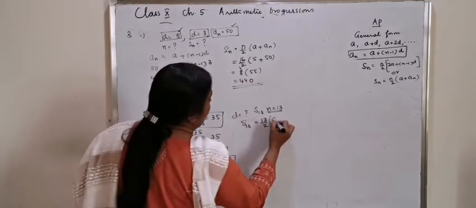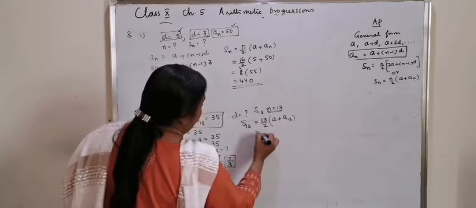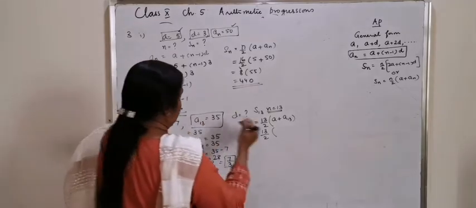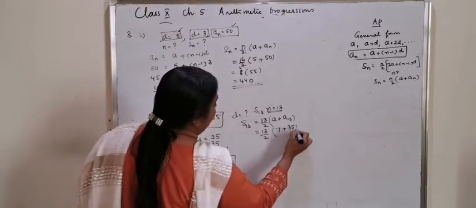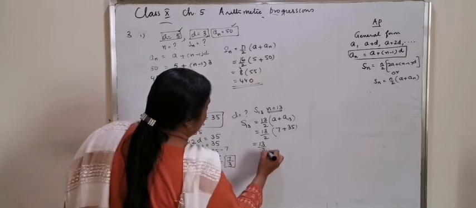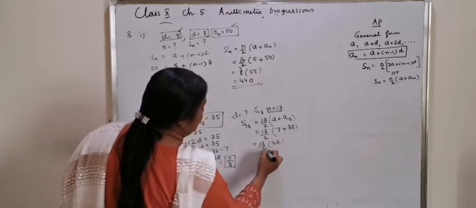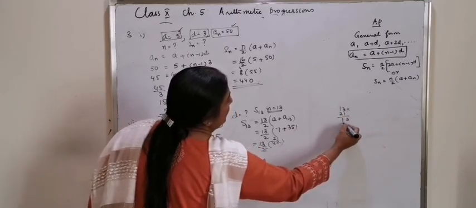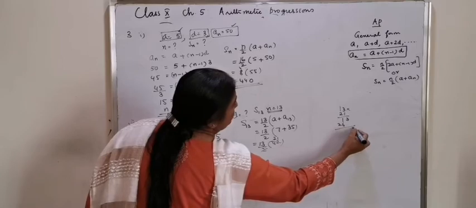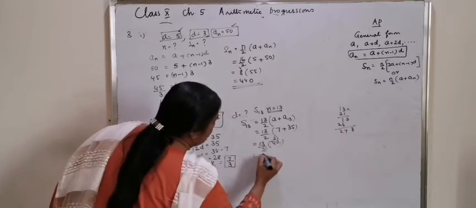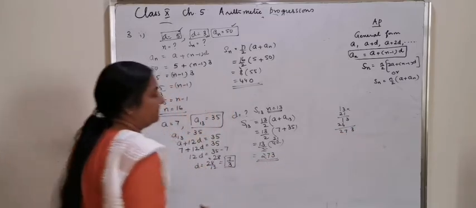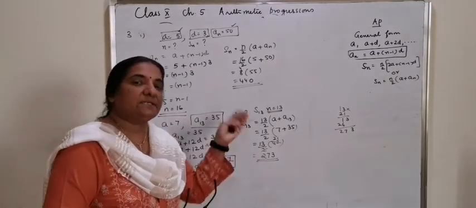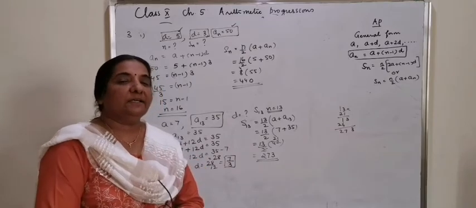So you can directly apply A plus A13, that is 13 by 2 into, your A value is 7, A13 is 35, 7 plus 35. 13 by 2 into 42, 21, or 13 into 21, 273. This is how you will manage the questions. Whatever is given in the question, start by applying the given condition.